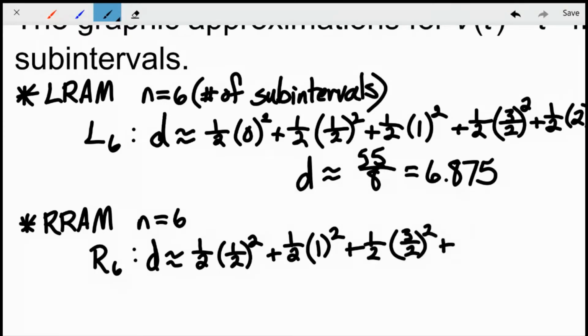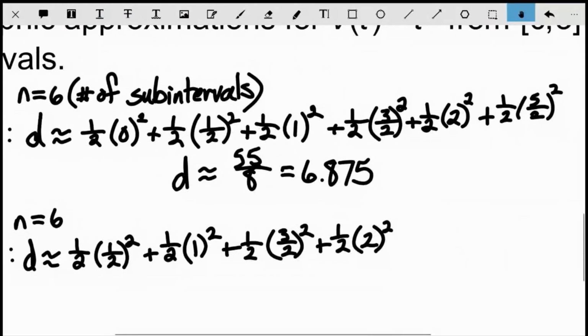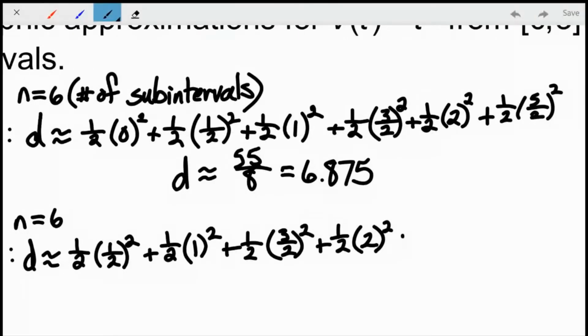Then from, let's see, 1.5 to 2, so I'm going to get 2 squared. And then from 2 to 2.5, so that's going to give me 5/2 squared for the function value. And then the last rectangle has a base of 1/2, and it goes from 2.5 to 3.